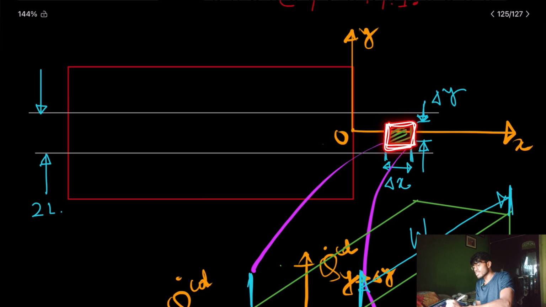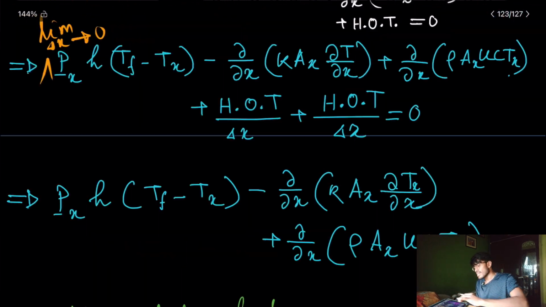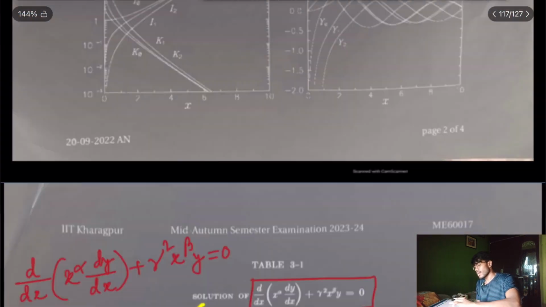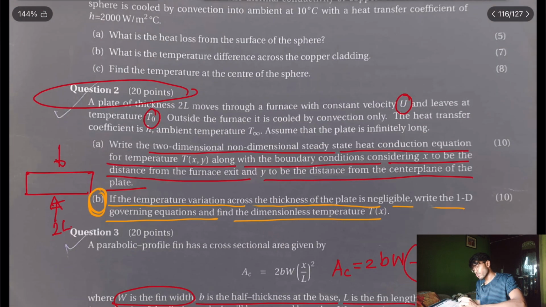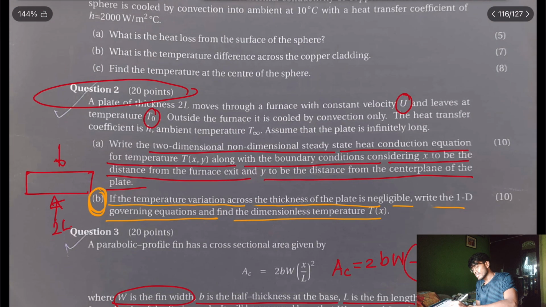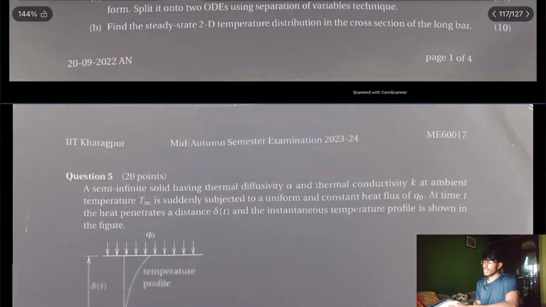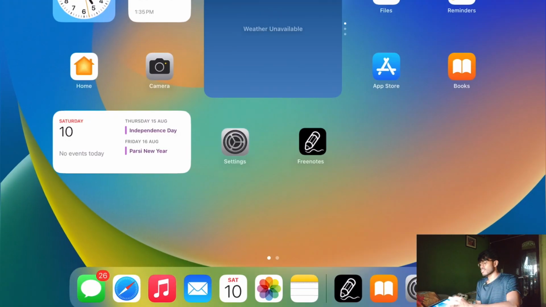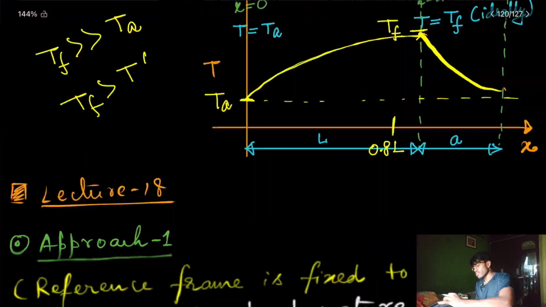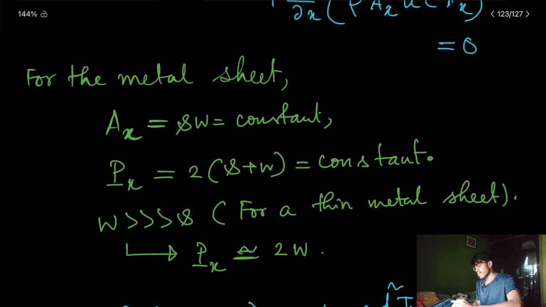Your control volume is varying both in x and y to cover the whole rod, the whole metal. But in the question paper, it is given that you have to write the 1D governing equation. Then you cannot write this thing.